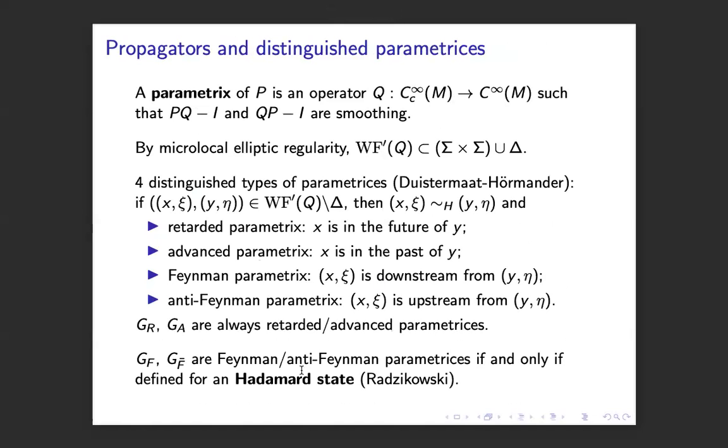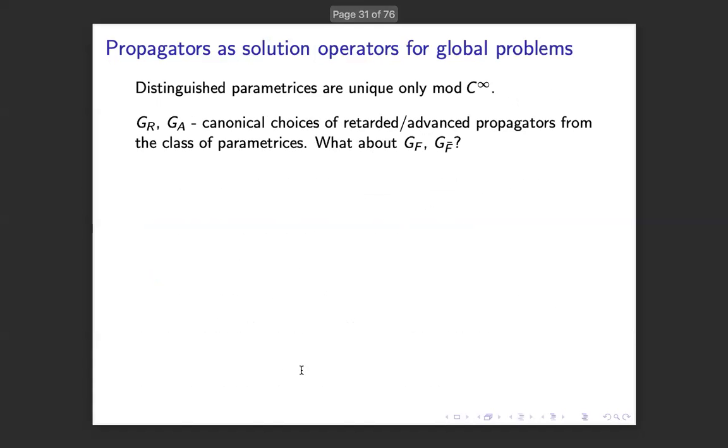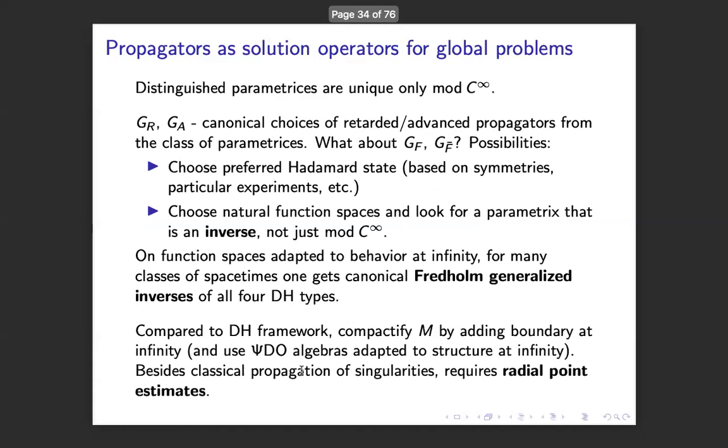And this was drawn in the paper by Radzikowski, basically. So it was quite a bit after physicists started talking about that. One of the main ideas here is that these parametrices are only unique modulo C infinity terms, because they're originally defined to be inverses only modulo C infinity terms.